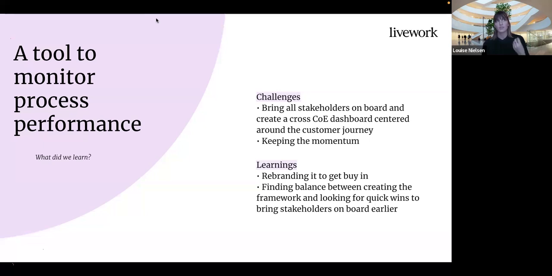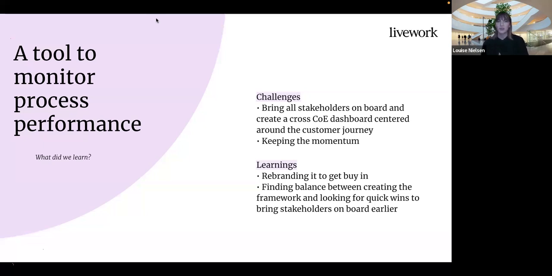One of the pivoting points in that dialogue was when we started to talk about it in a different way. As service designers, you have a tendency to talk about good experiences and improving the experience of customer journeys.